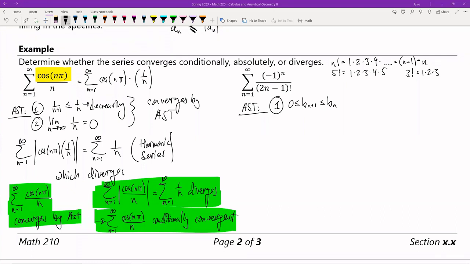So to prove this statement right here, we need to show that this is true. I'm going to write it over here on the side: 1 over (2n minus 1) factorial is bigger than or equal to 1 over (2n plus 1) factorial.